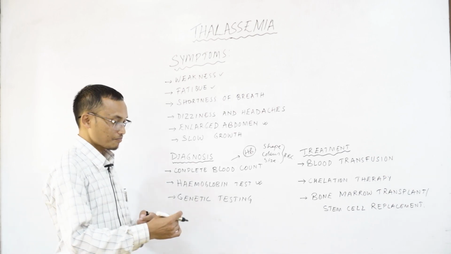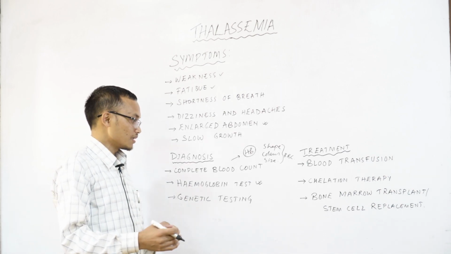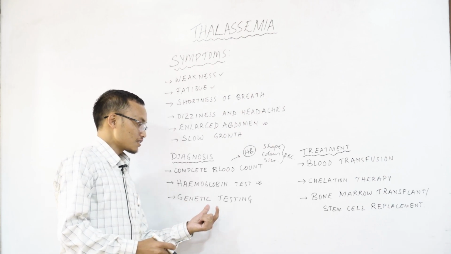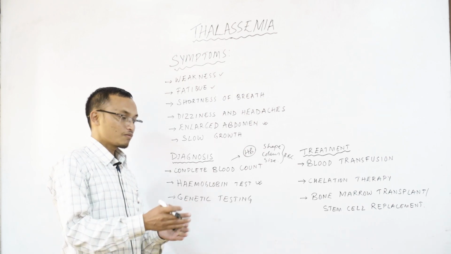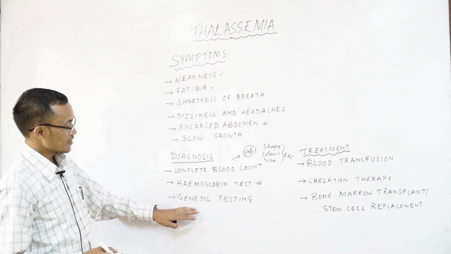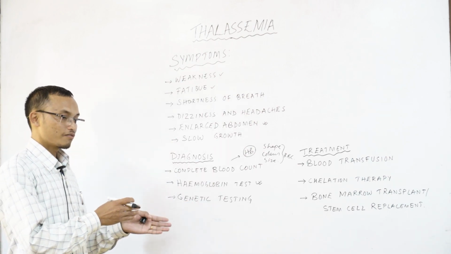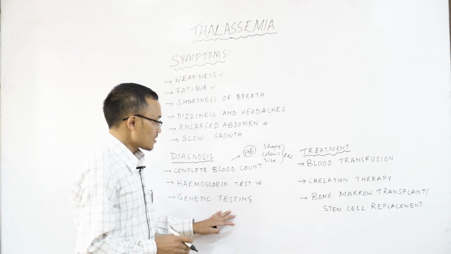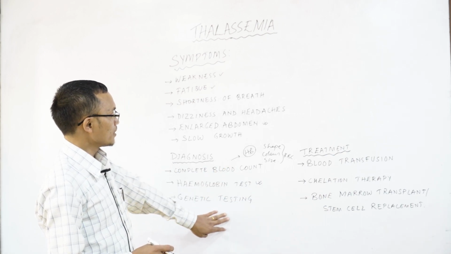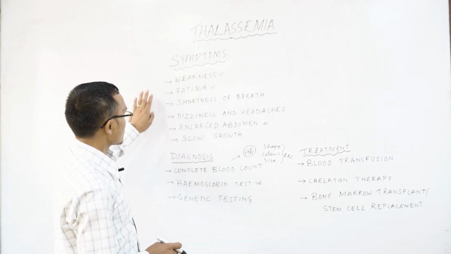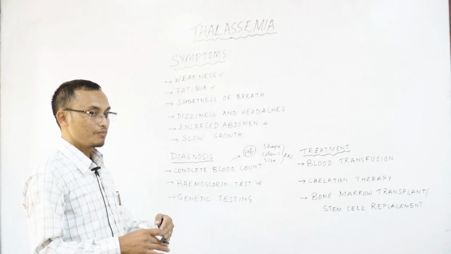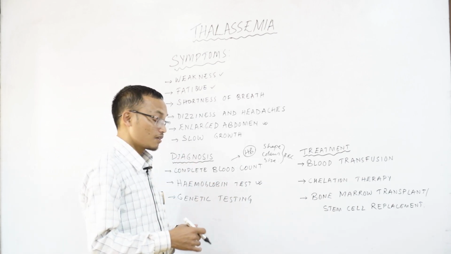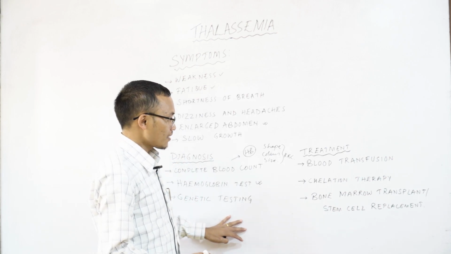That is, the fetus can be tested if he or she is suffering from thalassemia. This genetic testing also will confirm what type of thalassemia the child is carrying, that is, what type of mutations happen in the child. Now with these tests all together, we can confirm if he or she is having thalassemia or not, or it may be other types of anemia, which is of other causes.